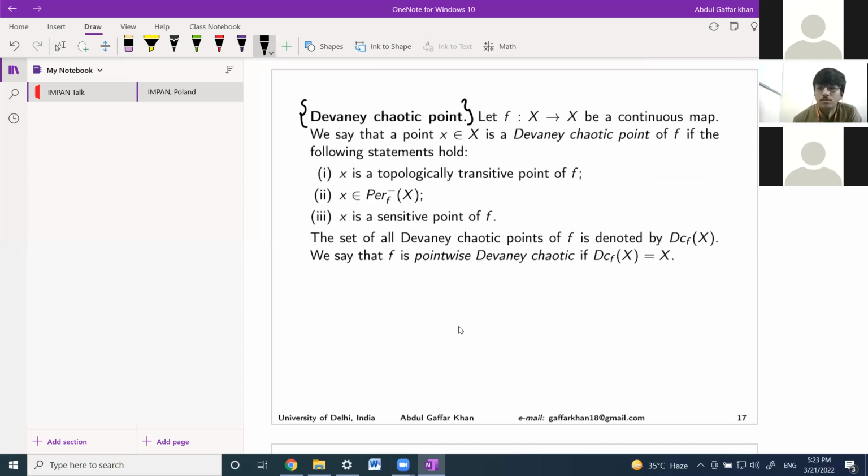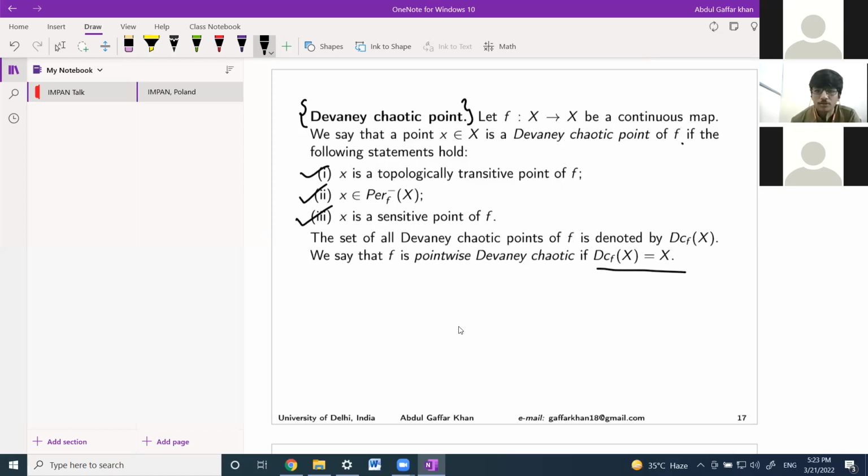A point is said to be Devaney chaotic if it is a topologically transitive point, as we defined earlier, it has a dense set of periodic points around its neighborhood, or it is a limit point, and it is a sensitive point as well. The set of all Devaney chaotic points is denoted by this set.